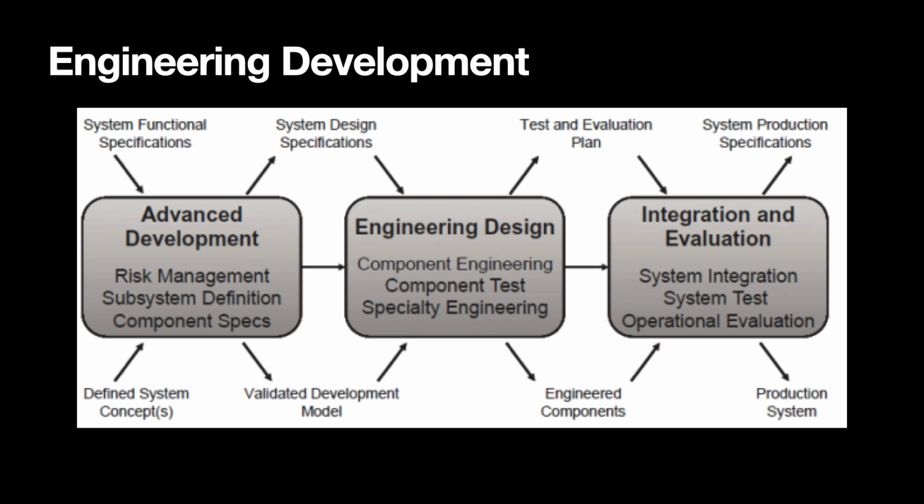It shows how the system functional specifications and defined system concepts from the concept development stage act as input to the advanced development substage, which outputs the system design specifications and a validated development model, which now acts as the input to the engineering design substage, which then outputs the testing and evaluation plan and the engineered components, which, acting as input to the final integration and evaluation stage, result in a system with proven and tested specifications and a production ready system.